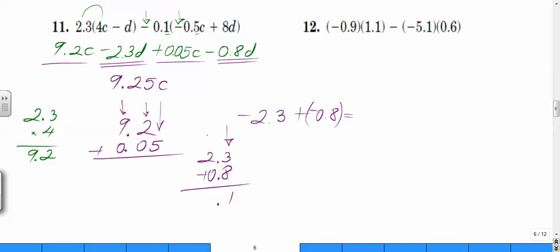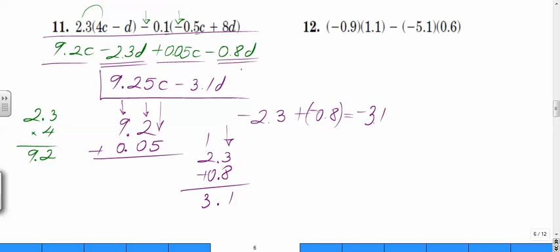Bring down the decimal point. You have 1 that was carried over, right? 2 plus 1 is 3. And that's why the answer here would be 3.1. However, you need to keep their sign. So for your expression here, you'll have 9.25c minus 3.1d. And this is the answer for problem number 11.